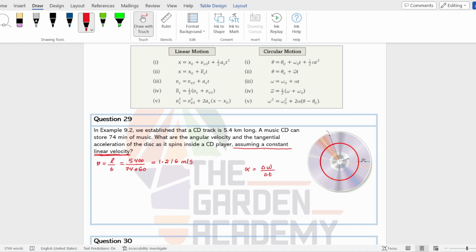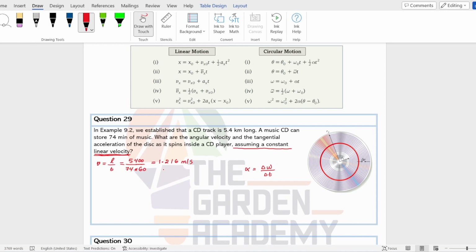That's why V in this part is constant. We usually say omega is constant and V changes because if we change the point at which we are finding the velocity, حسب القانون V is equal to R times omega, and omega is the same for any point on a rotating خلينا نحكي plate for example.